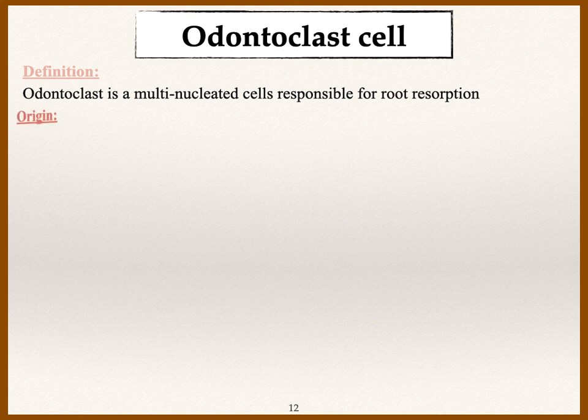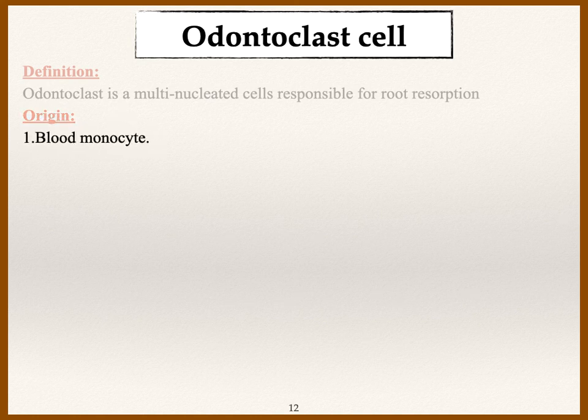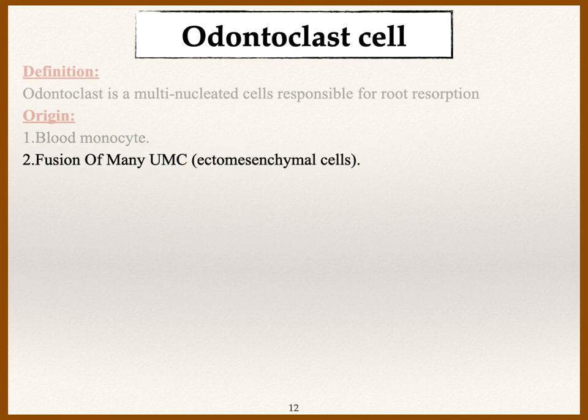What about the origin of the odontoclast cell? Similar to that of the osteoclast cell, in which they originate from blood monocytes or by fusion of many undifferentiated mesenchymal cells or ectomesenchymal cells. What about the function of odontoclast?